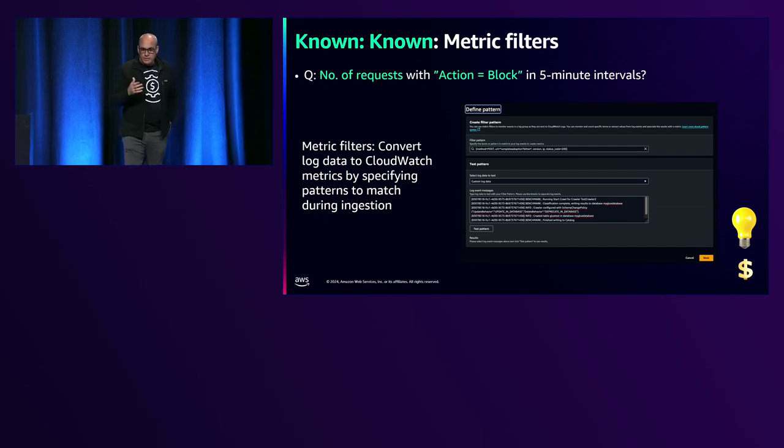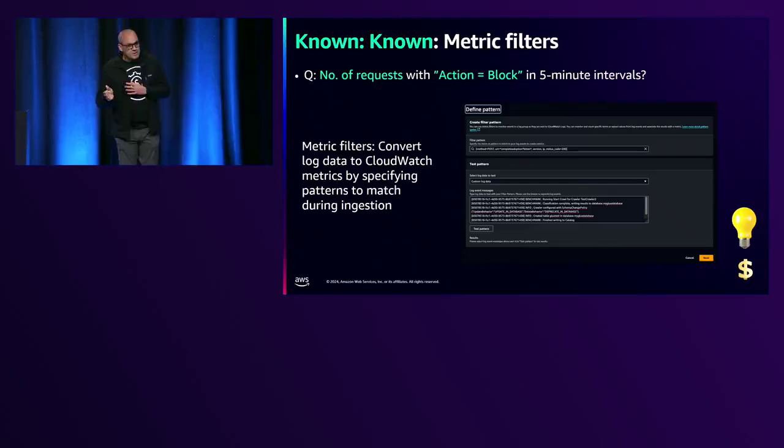And what that allows me to do is have a constant view in my environment of every time that's happening. It gives me flexibility too, because I can not only see it in 5-minute intervals, I have more flexibility of how I can manage that. And I'm not running a query that's counting a bunch of data, right? So that's what metric filters is.